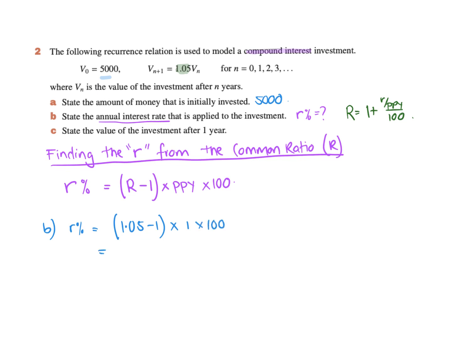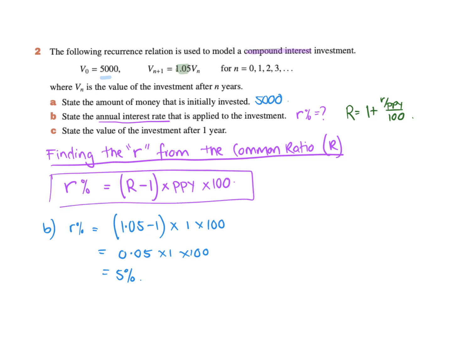If you do that first bit, you'll end up with 0.05 times 1 times 100, so it equals 5%. This formula will work even if they've got monthly. You won't times it by 1, you times it by 12, okay? So if you follow this little formula, that will work every time.